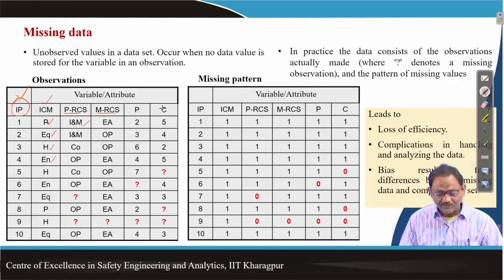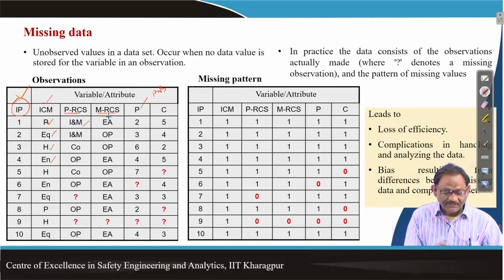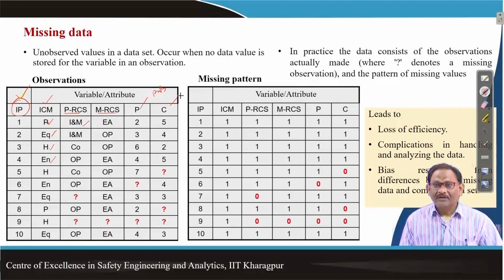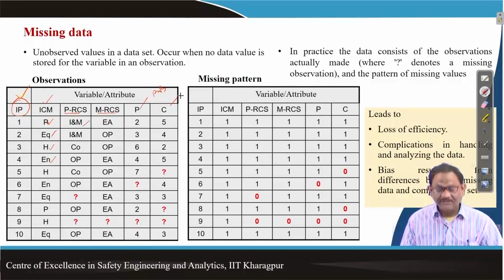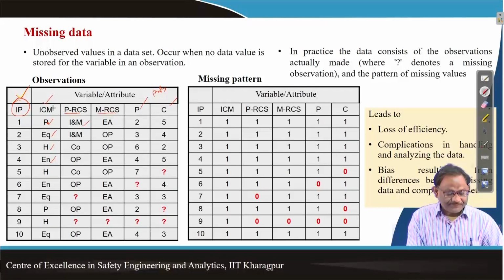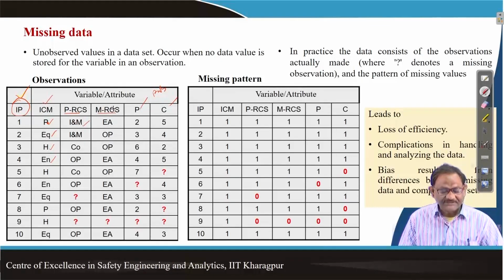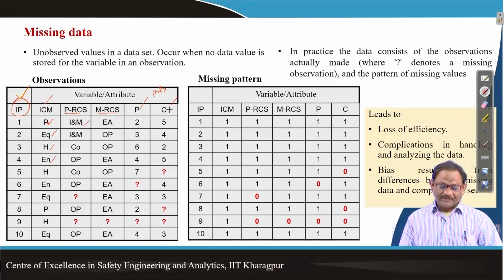Apart from these, there are two other columns, P and C. P stands for the probability that the path will occur and C stands for the consequence if the path occurred, or if this particular accident or incident has occurred. If you see the data, there are many categories for ICM, PRCS and MRCS, and for P and C some numerical values are given.